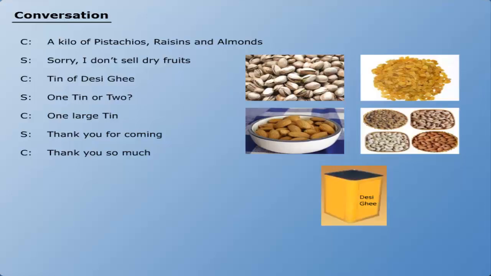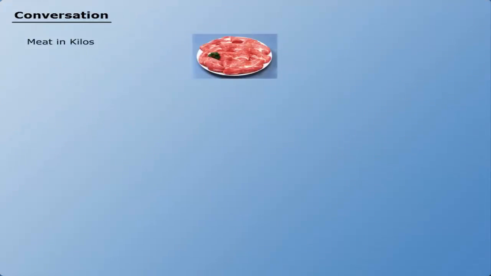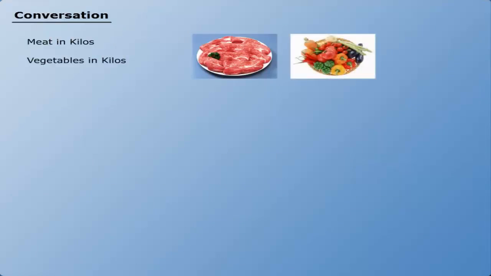We have just listened to a conversation between a salesman and a customer. Dear students, when we buy these items, we also mention their quantities. For example, we buy meat in kilos. We buy vegetables in kilos.